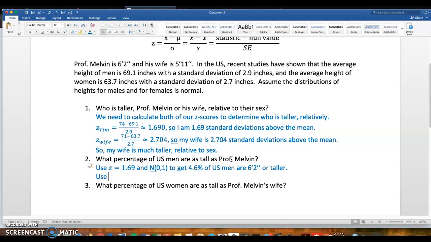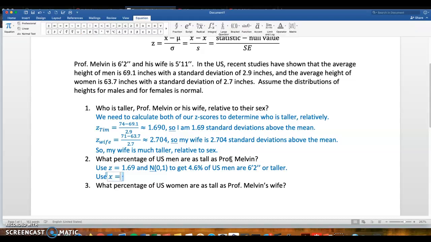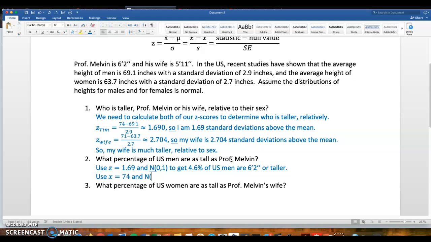Or we could use the normal distribution with my height, x equals 74 inches. But now I want to use the population distribution, mean 69.1 and standard deviation 2.9.